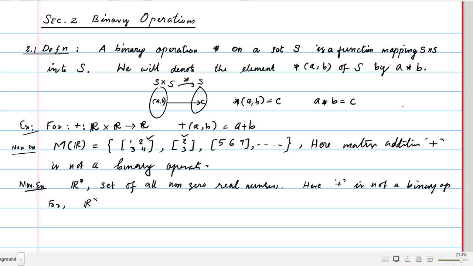From this you can choose 2 comma minus 2. Okay, what is the image of this pair under addition? That is 2 plus minus 2. That will be 0, but this does not belong to R star. So this plus cannot be considered as a function from R star cross R star to R star. That is the reason why we cannot consider this as a binary operation.